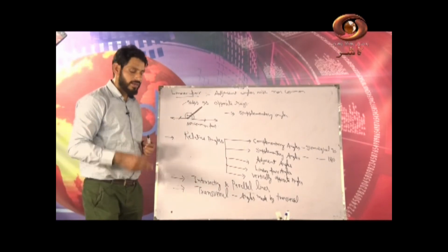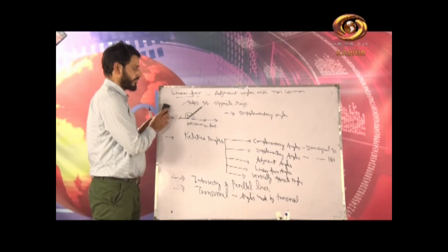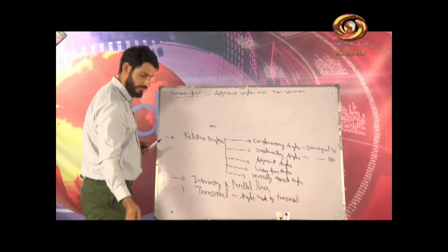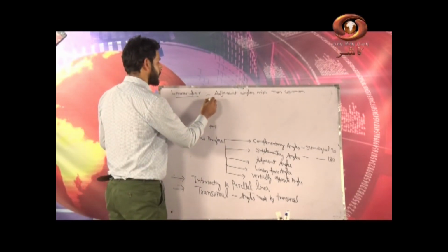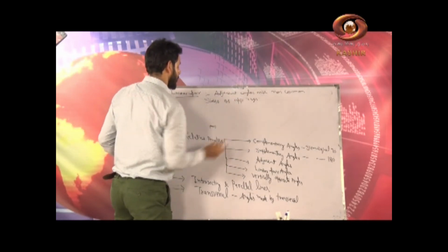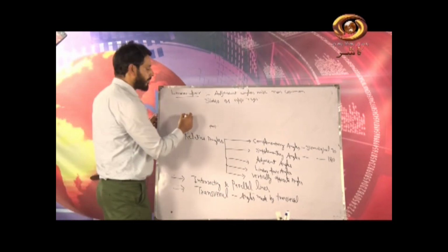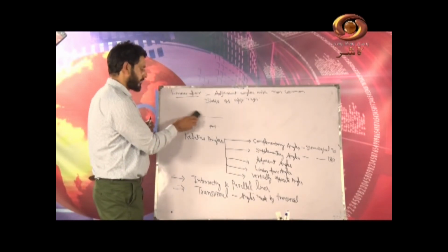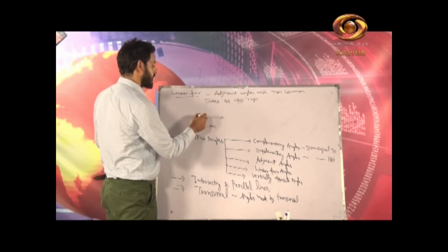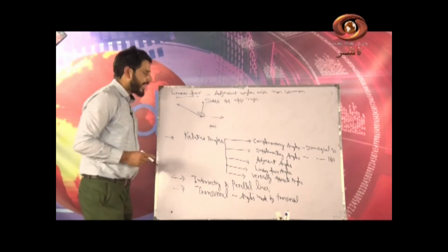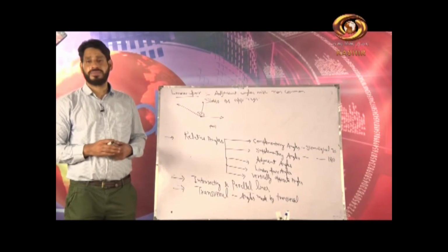Let us understand it by other examples too. Non-common sides as opposite rays. Let us suppose we have one ray, and another ray is oriented like this, and they have the common vertex, angle 1, angle 2. Can we say that angle 1 and angle 2 form the linear pair here?